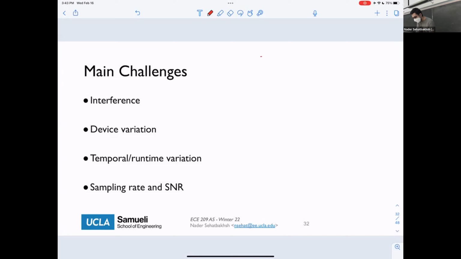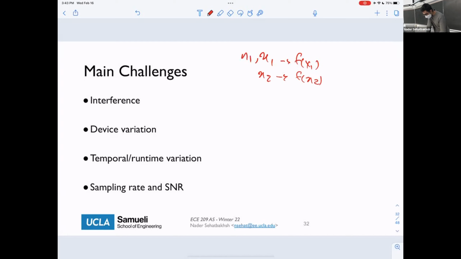So we are kind of assuming that we have x1, we get f of x1, we do x2, we get f of x2, and so on and so forth. That's our assumption. But in reality, our input is x1 plus noise 1, x2 plus noise 2, and so on. And this noise is also changing from one instance to another instance, and that can create a significant impact on our system, right? So that's one major challenge.